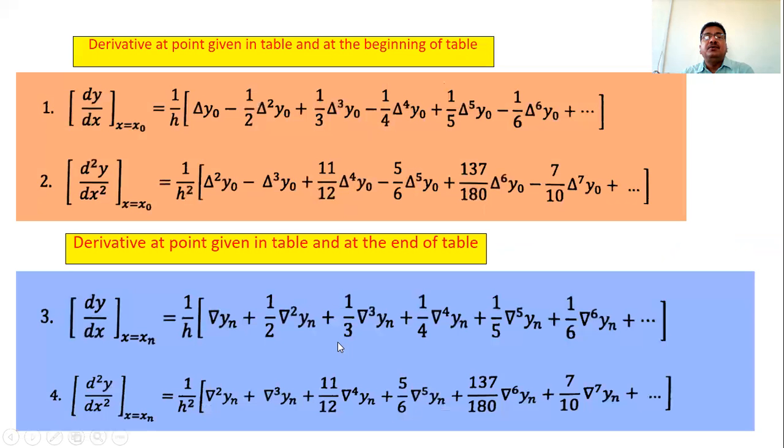These are the formulae to obtain the derivative at a point given in the table. If the point is given in the table and is at the beginning of the table, that is x equal to x naught, the first point, then use these two formulas for the first order and second order derivative.